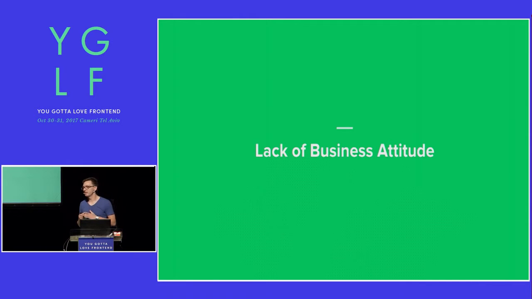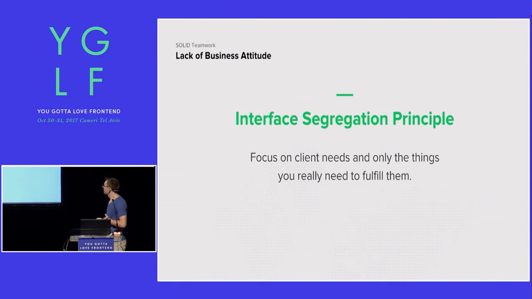So it's extremely important to remember that our job affects the job of the other members of the team. So, interface segregation principle: focus on client needs and only the things you really need to fulfill them. Because doing multiple different things at once is never a good idea.